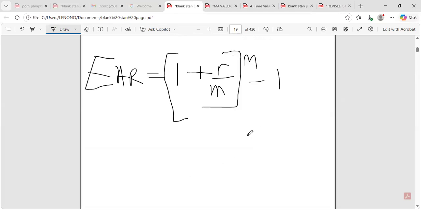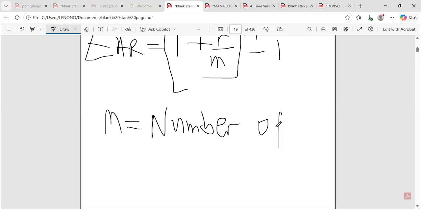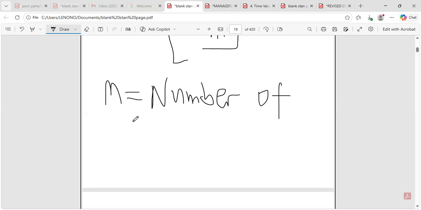So M is the number of compoundings. M is equal to number of compoundings.